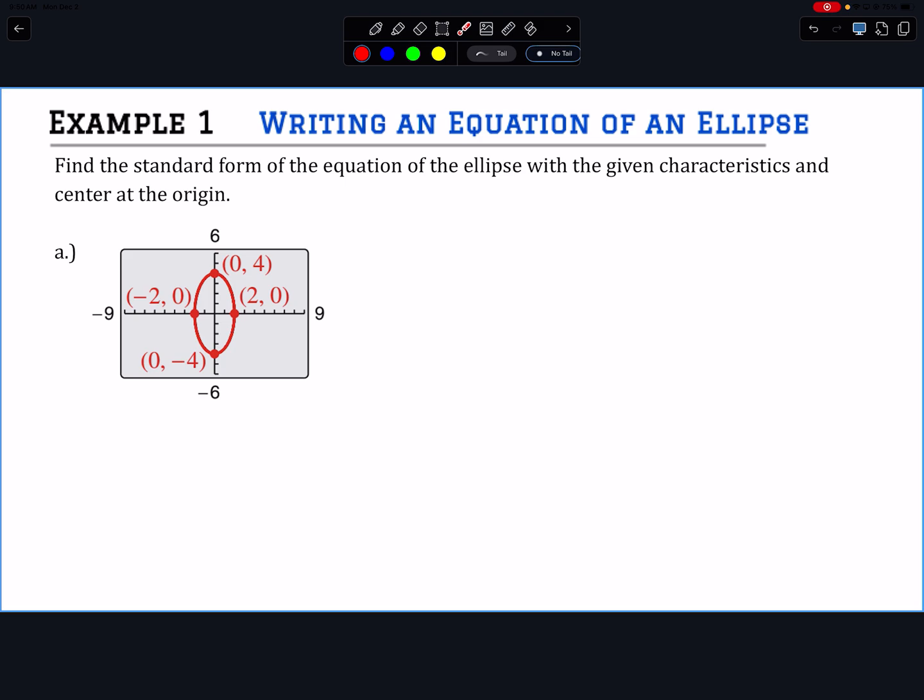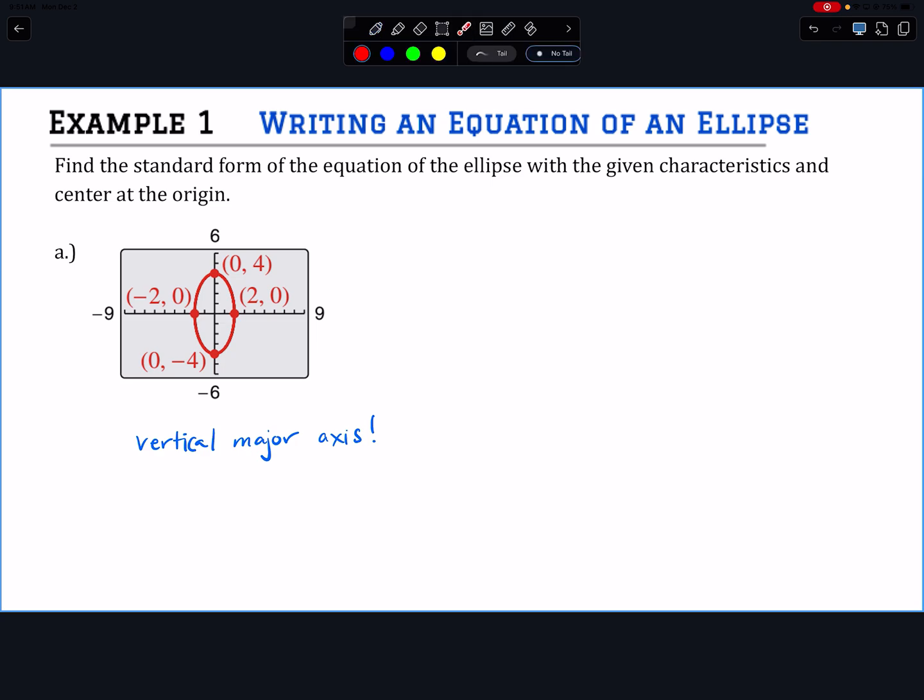So question, guys, is this a horizontal major axis or a vertical major axis? Vertical, good, because the up and down direction looks longer than the left and right direction. So let's write that down. This is a vertical major axis. And that's important to identify because then you guys will know which formula to use.